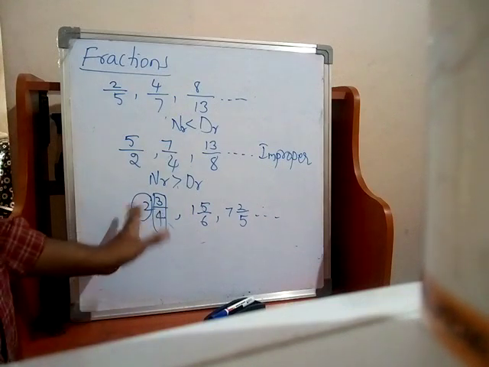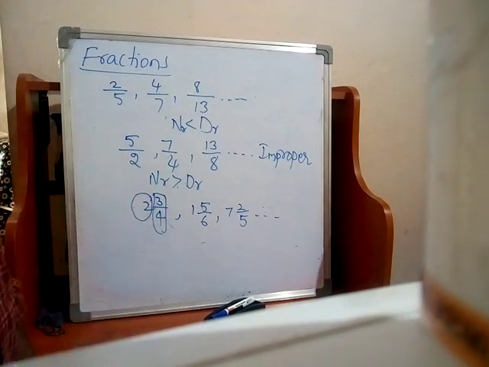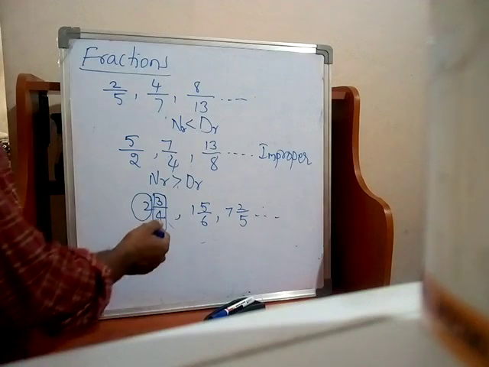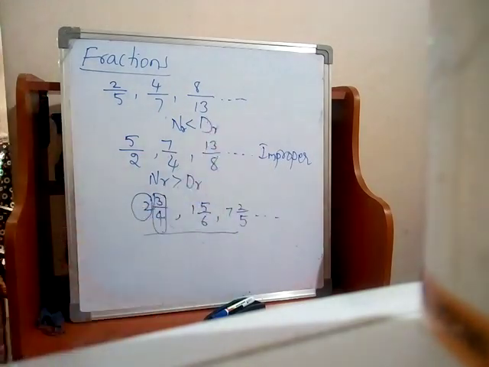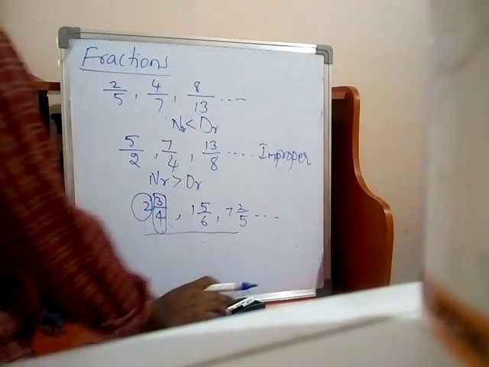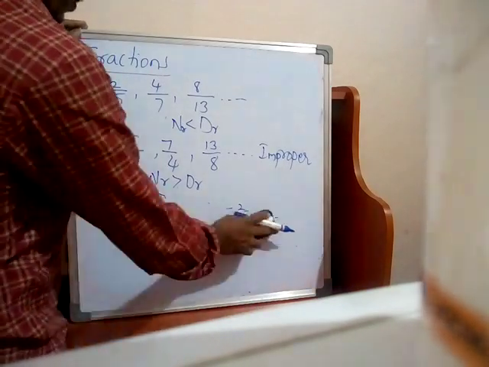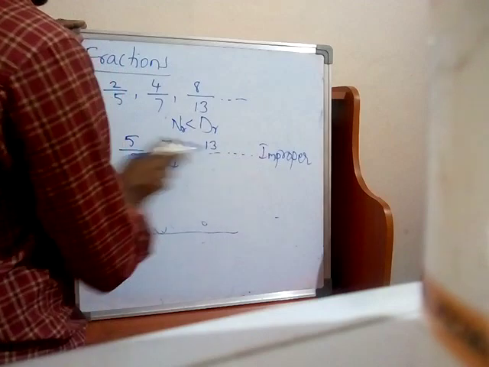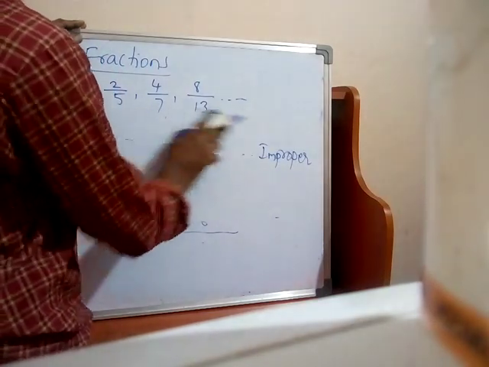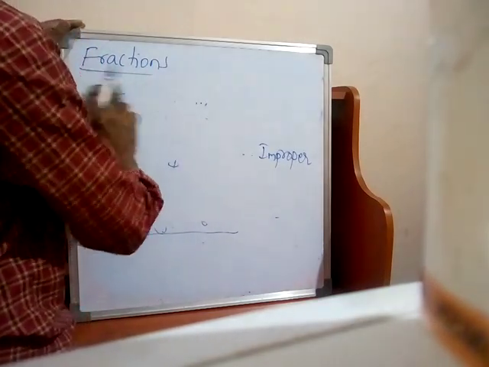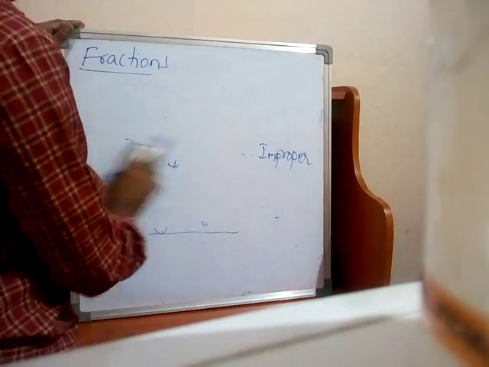The combination of a whole number together with a proper fraction; such types of fractions are called mixed fractions. What is a unit fraction? The fractions having numerator 1. If the numerator is 1, they are called unit fractions.